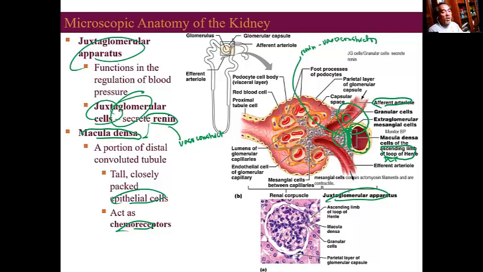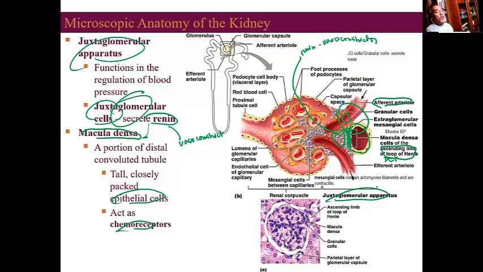And that's the reason why you have that relationship called the JG apparatus between the macula densa of the distal convoluted tubule, or ascending limb of the loop of Henle, which monitors the sodium content, even the carbon dioxide content, in the afferent arteriole.